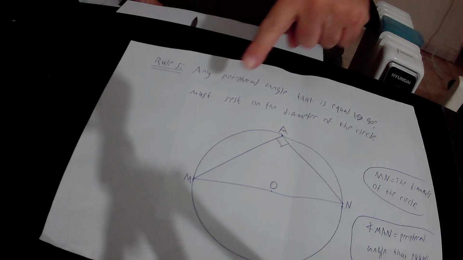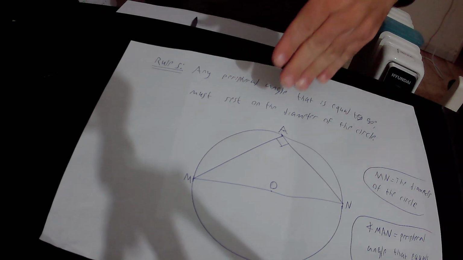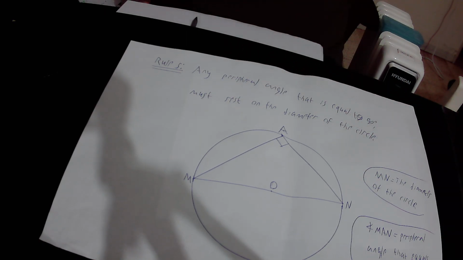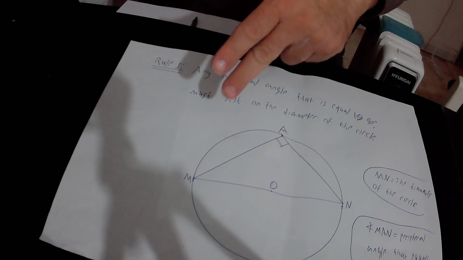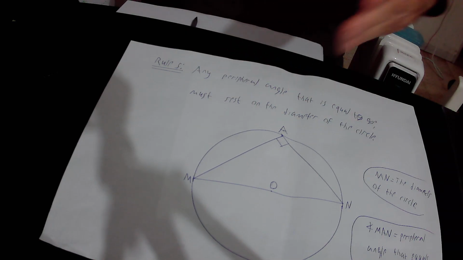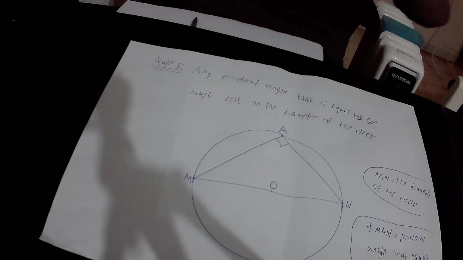Here we have peripheral angle MAN. This peripheral angle MAN equals 90 degrees, and therefore, according to this rule number 5, this peripheral angle must rest on the diameter of the circle. Peripheral angle MAN rests on MN, therefore MN must be the diameter of the circle.